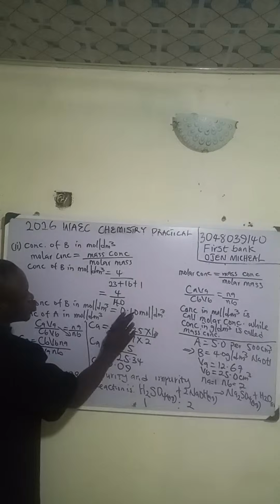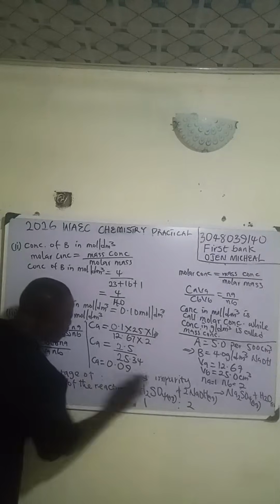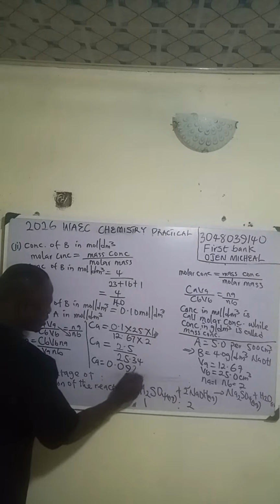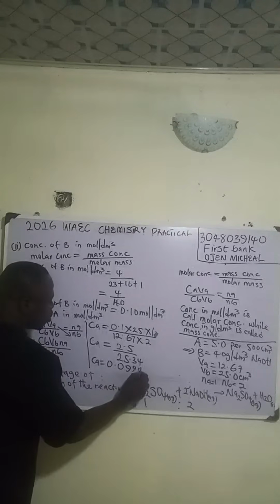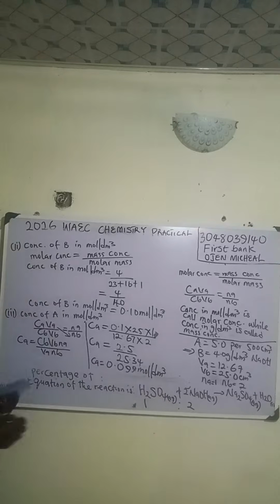But this one we have 2 decimals, so you can add a 0. Always leave it in 3 decimal places. So here will be 0.099. Look at that. So moles per dm cubed. You are done with that.